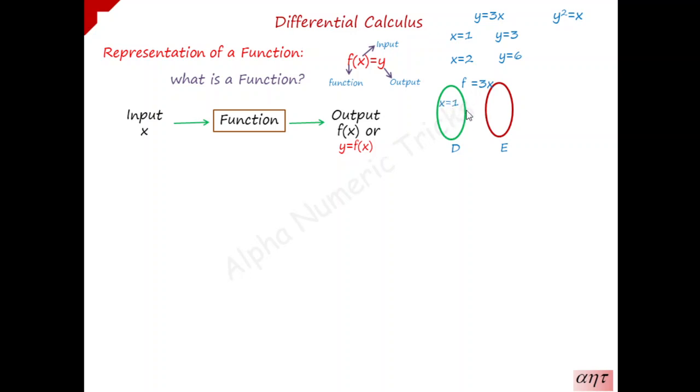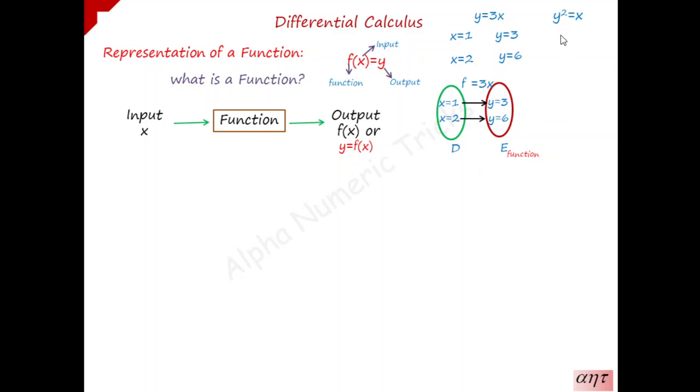So when you give x is equal to 1 as the input, substituting x is equal to 1 here, y will be equal to 3. In the same way, when you substitute x is equal to 2, y will be equal to 6. So here each element is mapped to exactly one element as the output. That's why this is called a function.